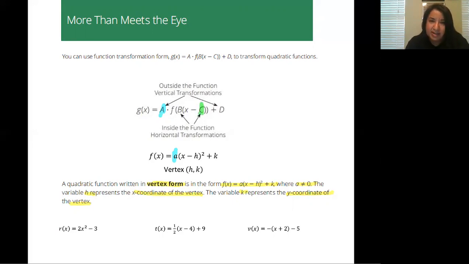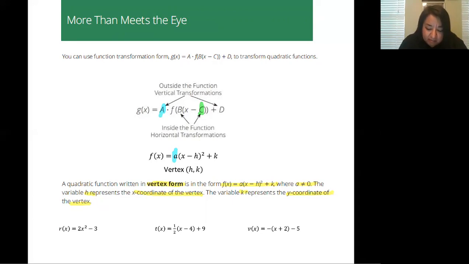Then you'll notice, it doesn't look like we have a b value, but a c value here when we're subtracting inside the argument, or it's happening to the x value. That was our horizontal translations. Remember, it's subtracting c. So if that was like x minus 2, c would be 2. Therefore, it's shift right 2. If that was x plus 3, that would be x minus the negative 3. So c would be negative 3, meaning shift left 3.